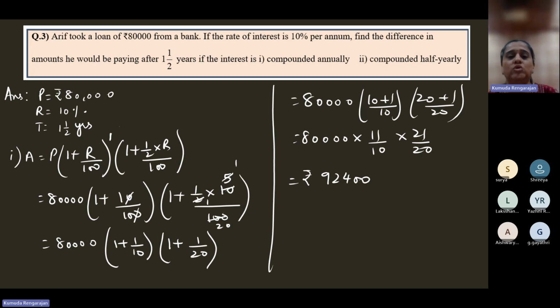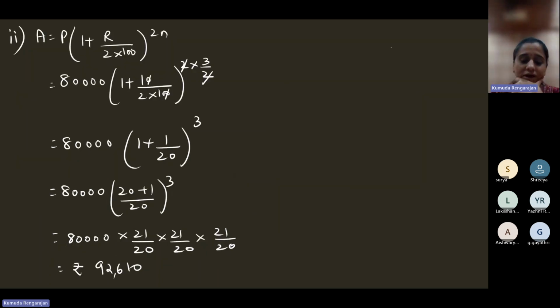In the first case, the amount RF has to pay the bank after 1.5 years is 92,400, compounded annually. But compounded half yearly, he'll pay a little more: 92,610. So 210 rupees extra he has to pay.